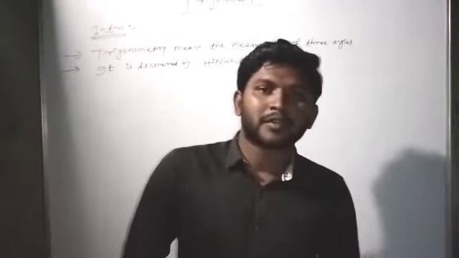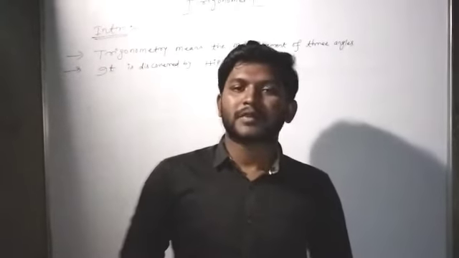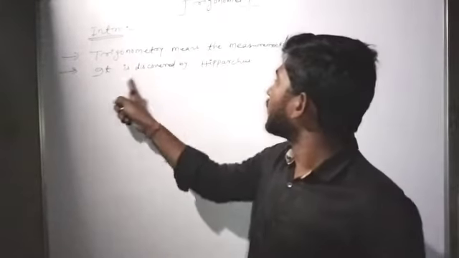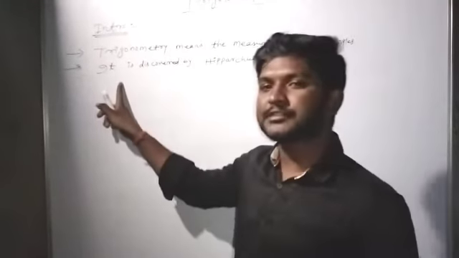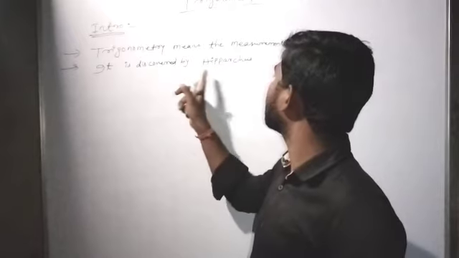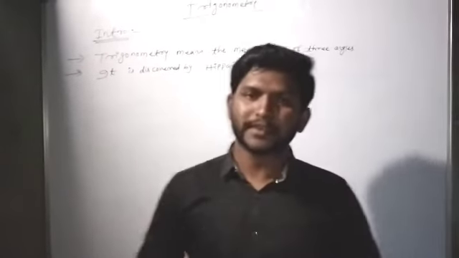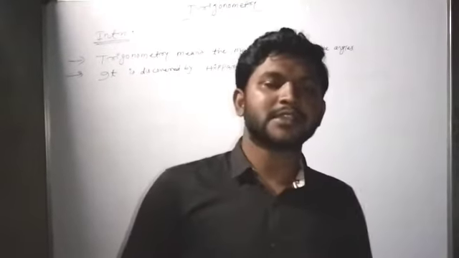So this is the definition: trigonometry means the measurement of three angles, and it is discovered by Hipparchus, which is a Greek geometrician.